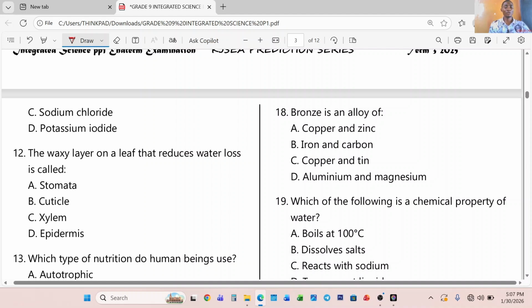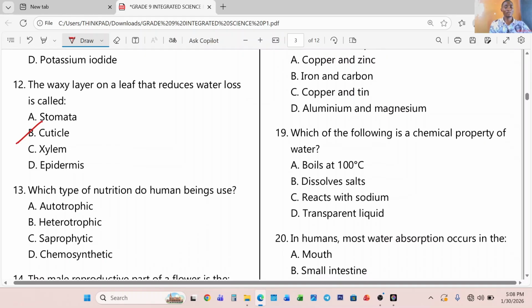Xylem helps in transportation of water and mineral salts, and epidermis is the thin, transparent layer that allows penetration of light and also gives protection. Cuticle is a waxy layer made up of non-living cells, and its main role is protection and reducing the rate of water loss. So the correct answer is B.